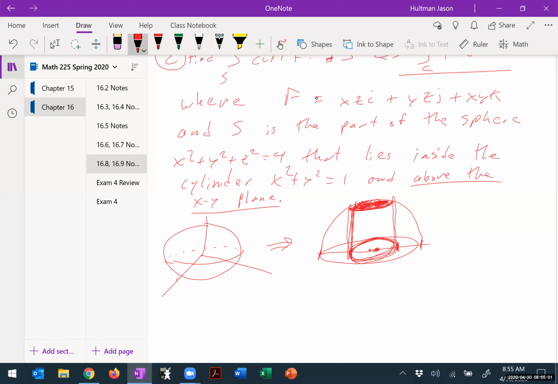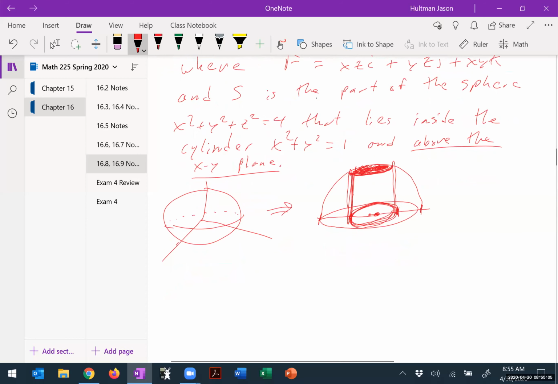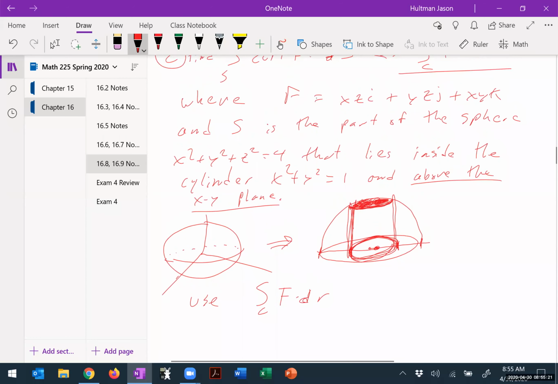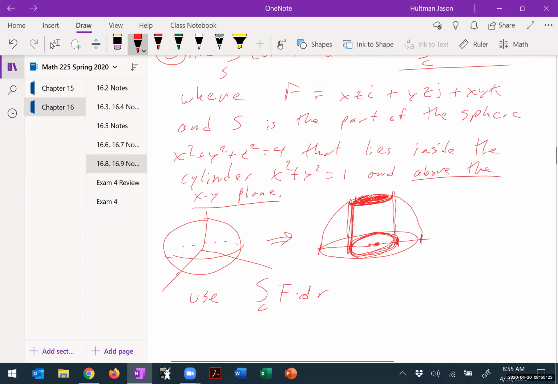So what does C look like? Because we want to use the line integral of this thing. Well, C is part of a circle, a circle of radius 1, but it's at a certain z value, at a certain height.